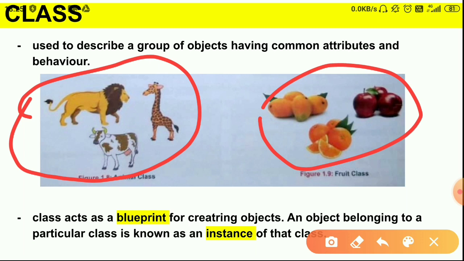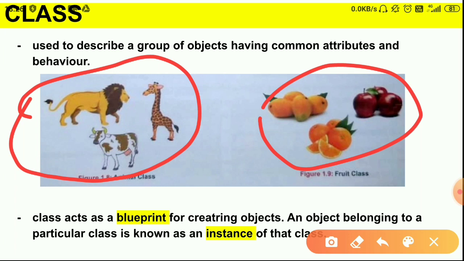Now the animal class will have all the common attributes and common behavior among all animals. Okay, so listen carefully. The animal class will have all the common attributes of all the animals. So what are the common attributes?